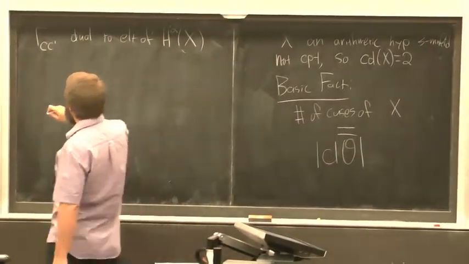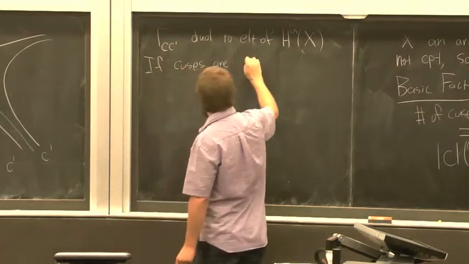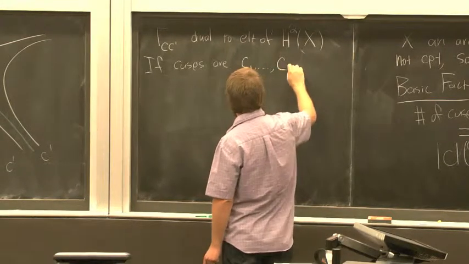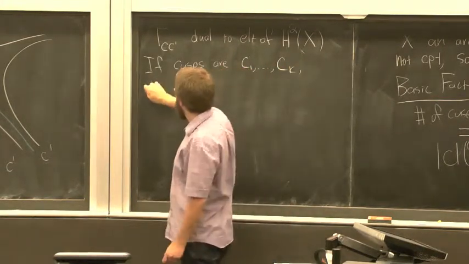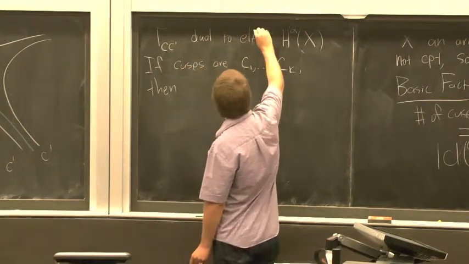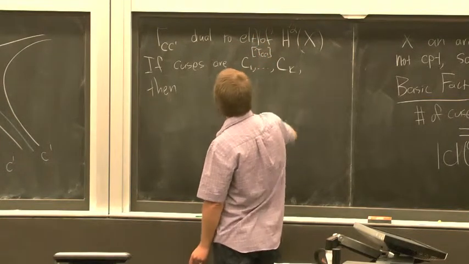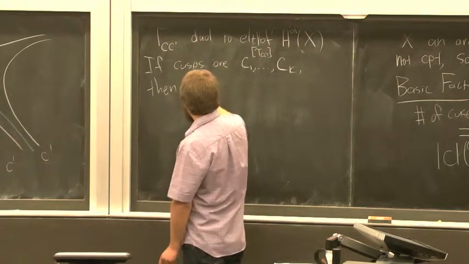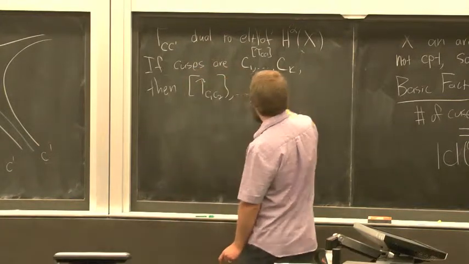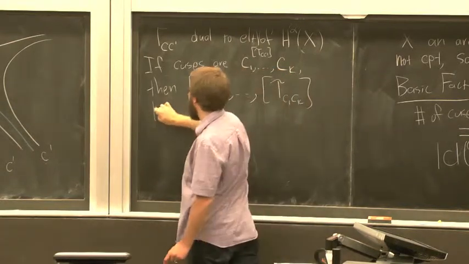So if the cusps are C1 up through Ck, and I call an element dual to the ray, bracket tau of C prime, then these elements tau of C1, C2 up through tau of C1, Ck are linearly independent.